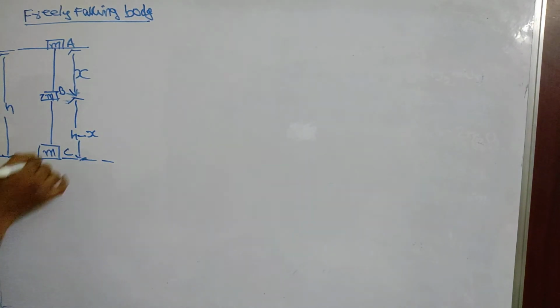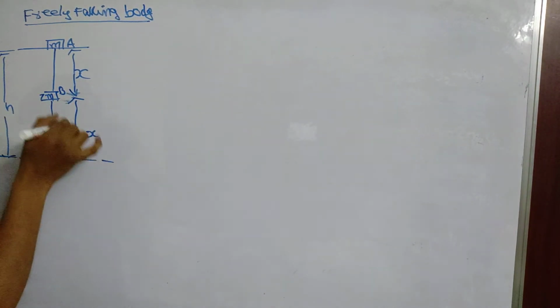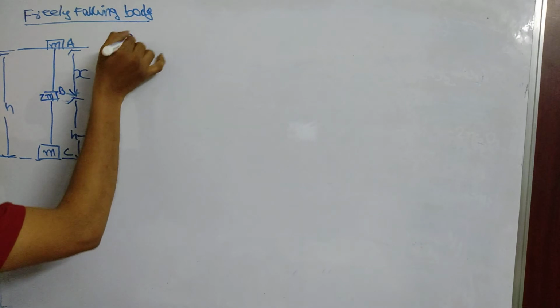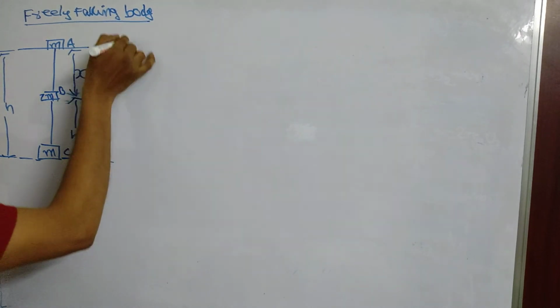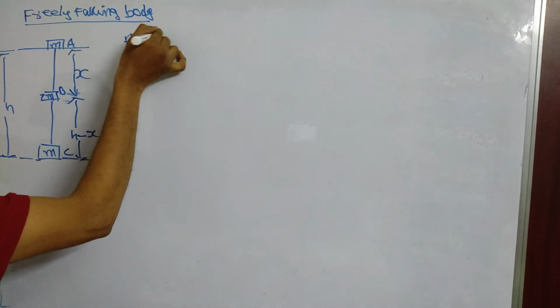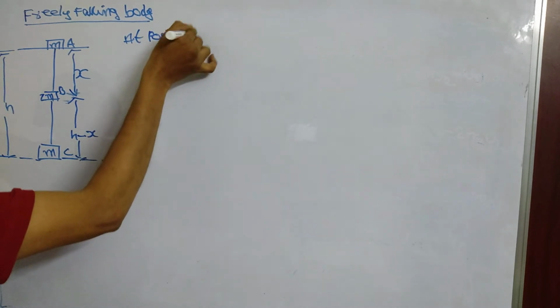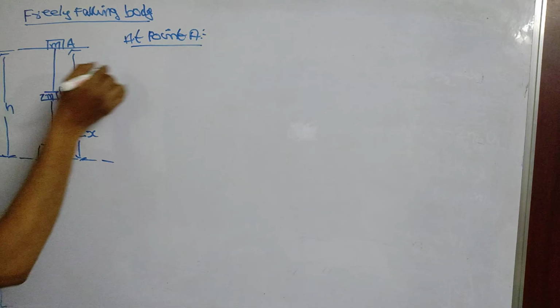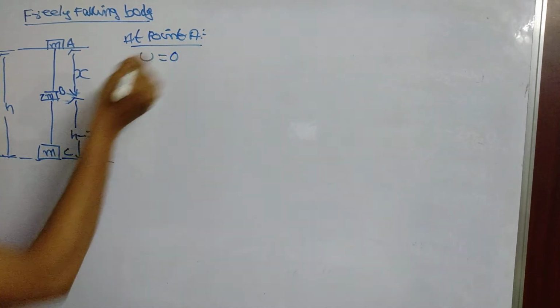Our objective is to calculate the total energy, which should become constant with respect to point A, with respect to point B, and with respect to point C. First one is calculate at point A. See now, if anything is dropped from a certain height, its initial velocity becomes 0.